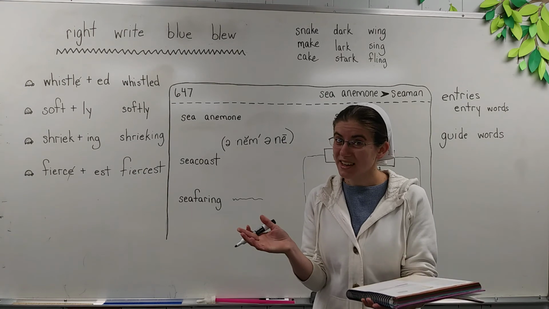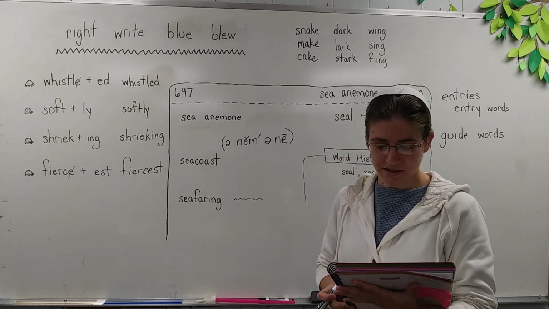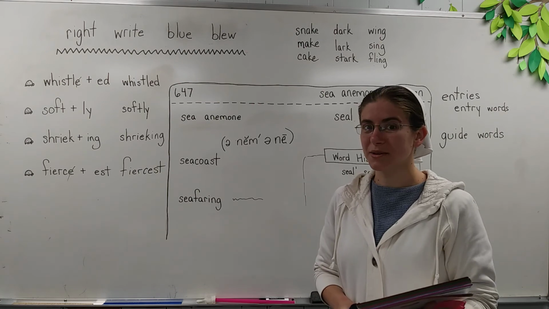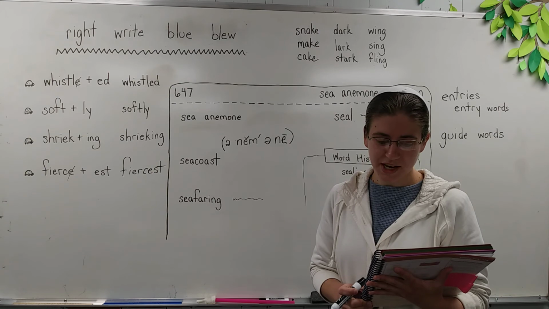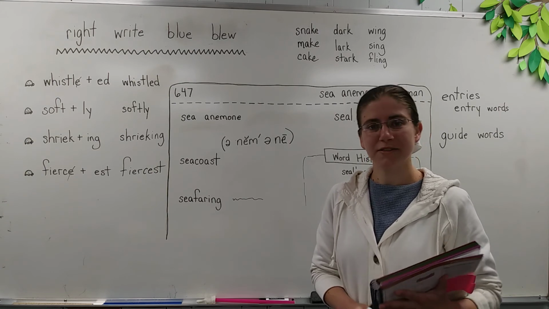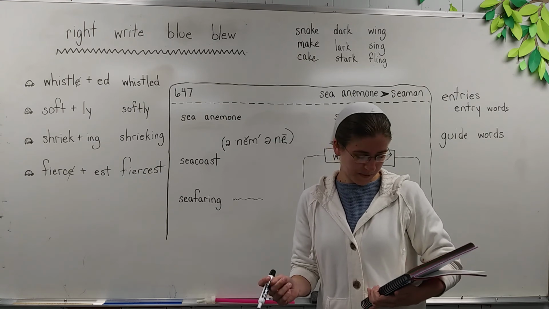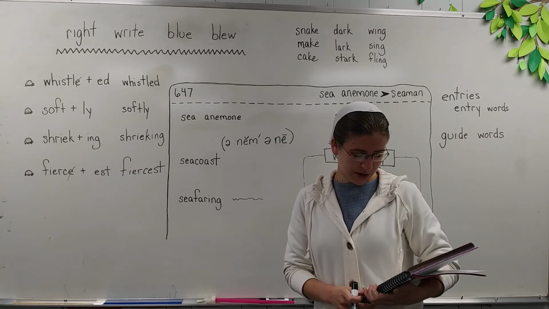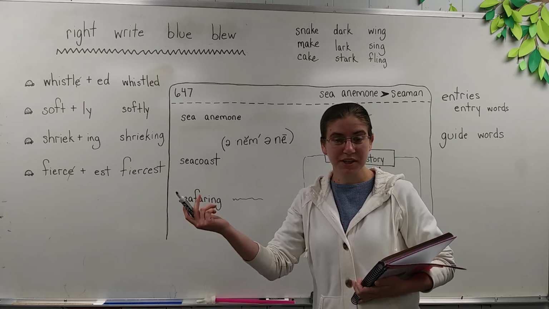It doesn't say anything about coastal waters. So what other animal is listed on the page? We have seal. Okay, a sea mammal that lives in coastal waters and has soft, thick fur and flippers. So for the second question on number 3, our answer is seal, okay? And we learned that by looking at the dictionary page.